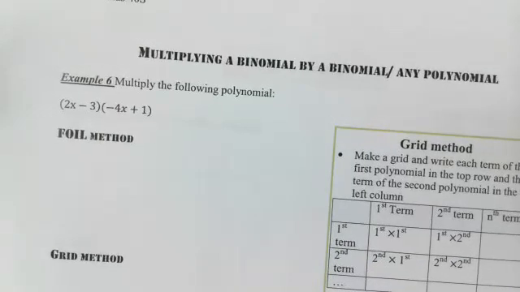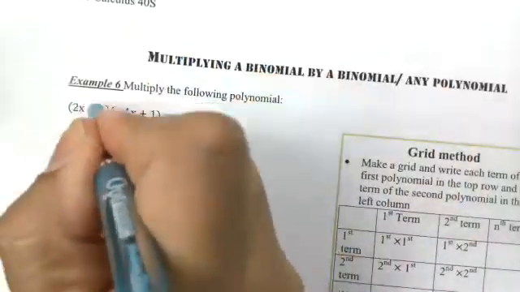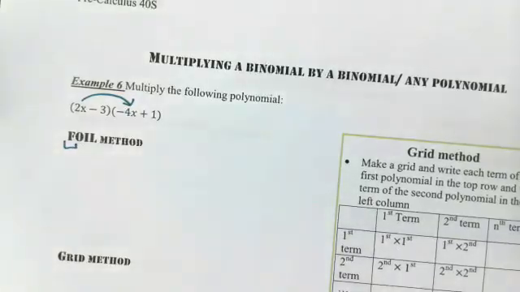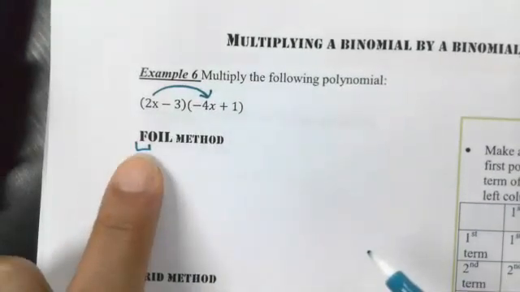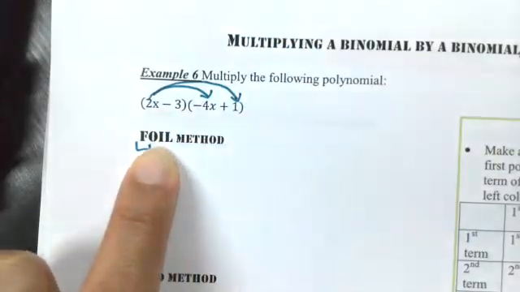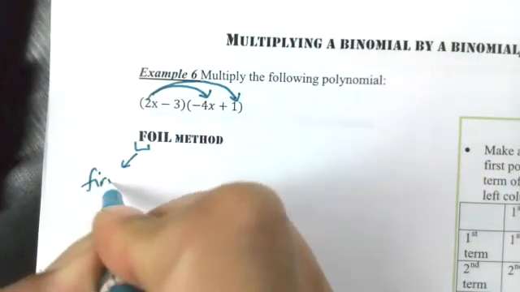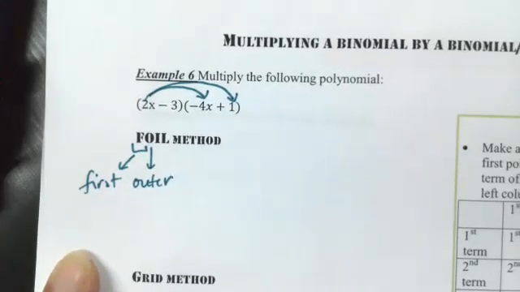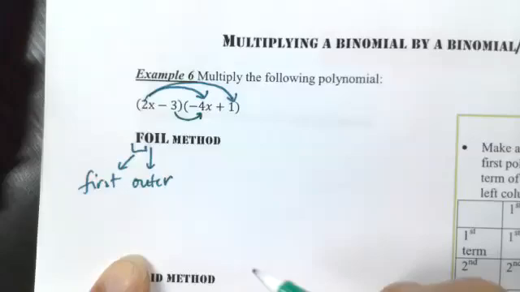It tells you the order in which to do those multiplications, those distributions. So the first term here with the first term there, that's the F in the FOIL method. And then the first and the outer terms right there, that's the O. First, outer. And then the inner terms, that's the I.